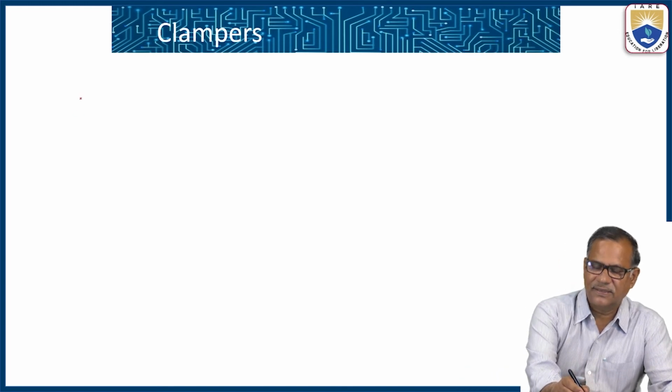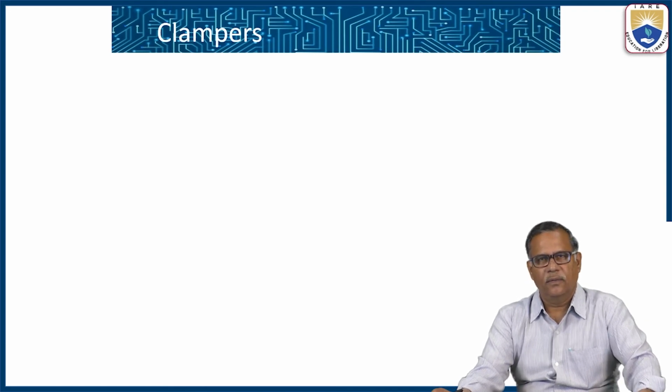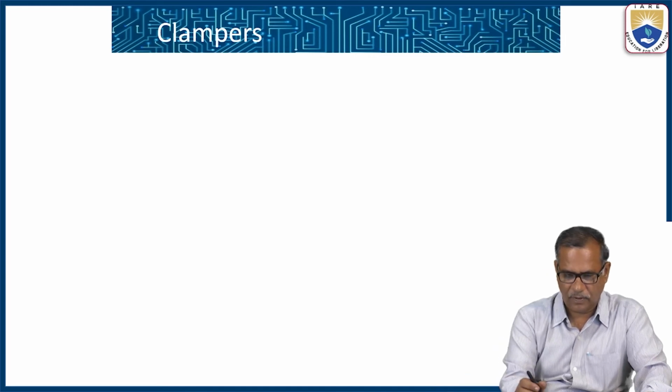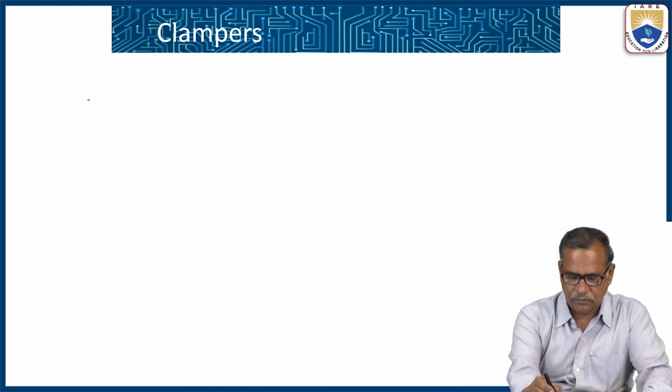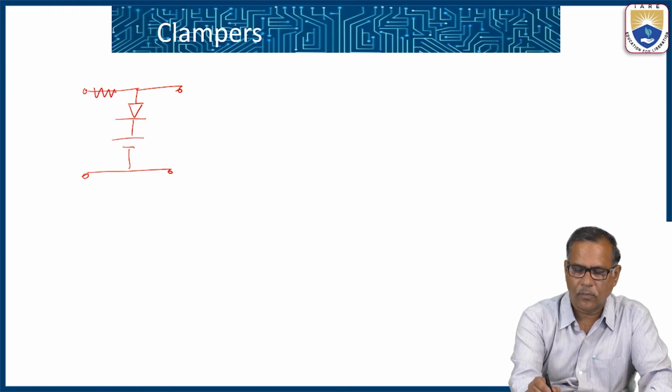So first, in the first stage, let us design a positive clipper with positive reference voltage. So this is R, and this is a diode, and this is 10 volts.